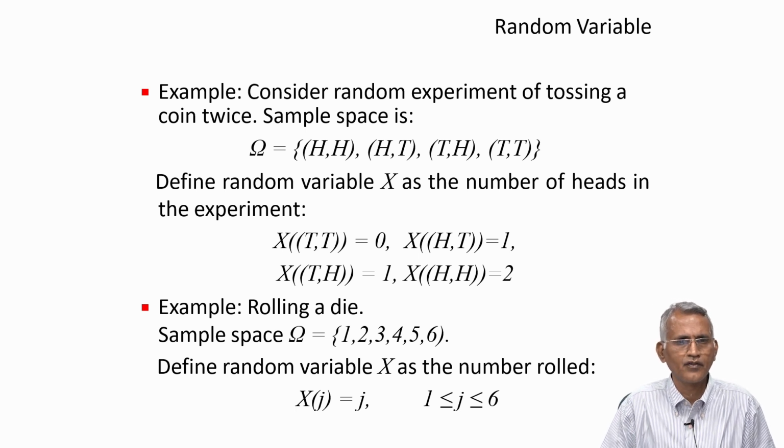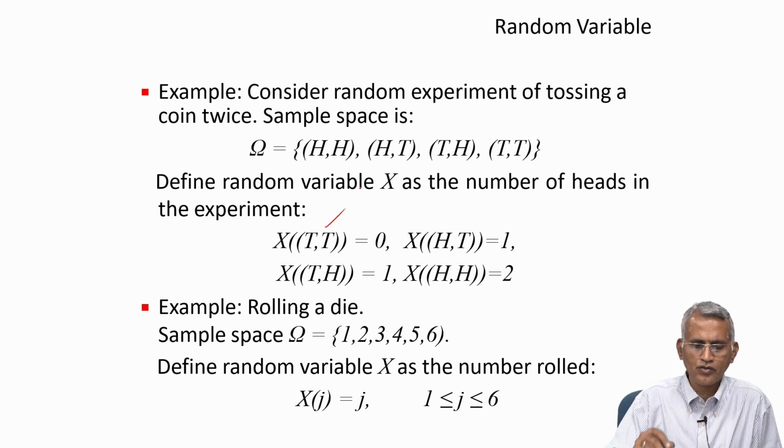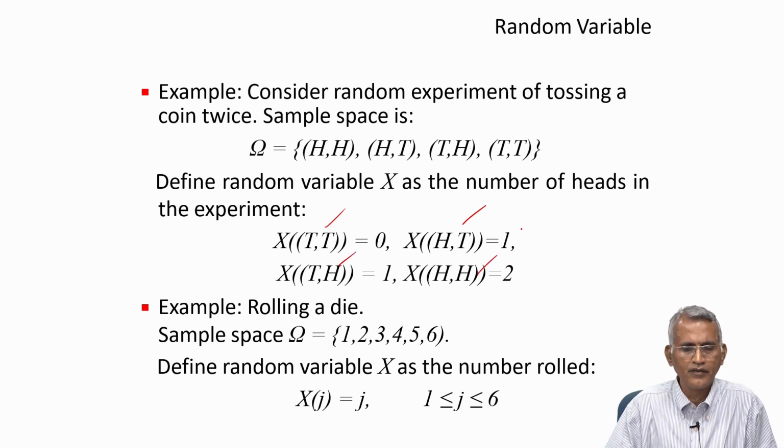Therefore X of TT equals 0, X of HT equals 1, X of TH is 1, and X of HH is equal to 2. So, this is the meaning of finding the values of the random variable corresponding to the number of heads in the experiment. In the first case no head, then 1 head, 1 head, 2 heads. So, according to that we have the random variable.